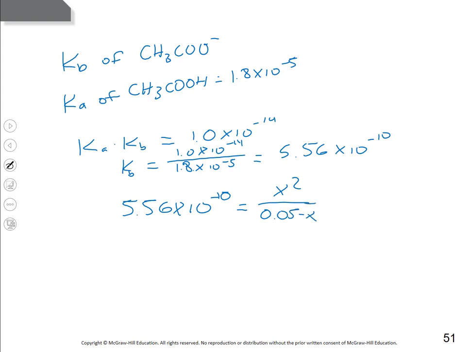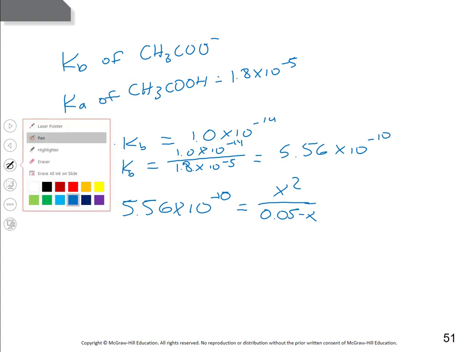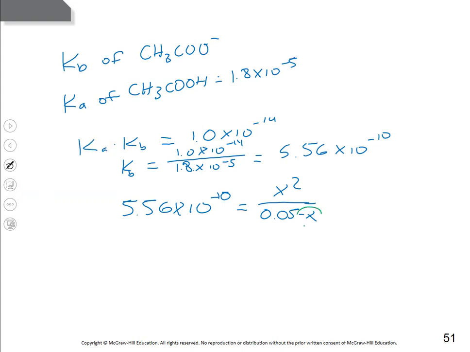How do we solve for X? Good. Probably a good assumption to say X is small because our K is so tiny. So if we assume X is small, we can ignore this minus X. If we ignore it, then we can do what to both sides? Square root of both sides.